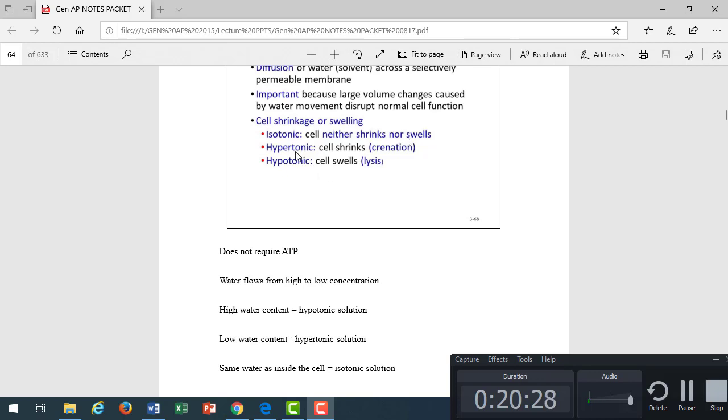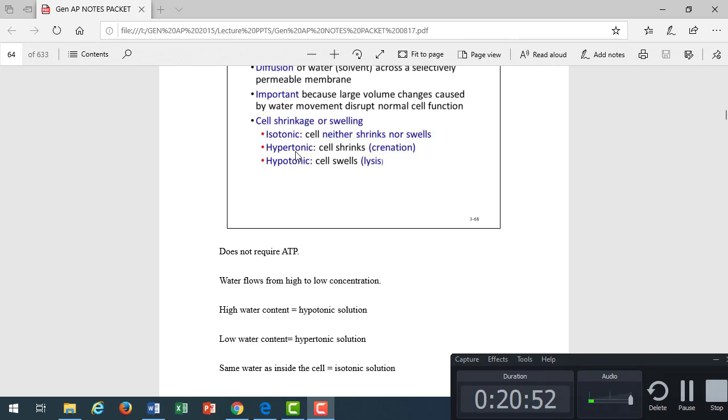If I have a hypertonic solution, that means I have a lot of solute and not a lot of water, I'm sorry, I'm saying that wrong. If I put a cell in a hypertonic solution, which way is water going to flow?